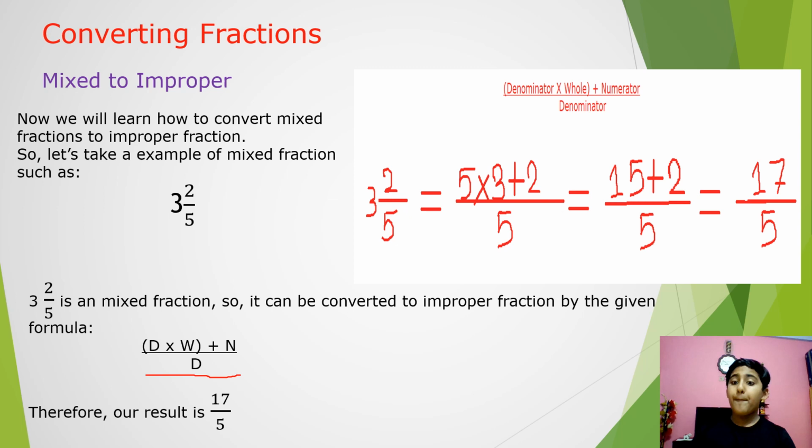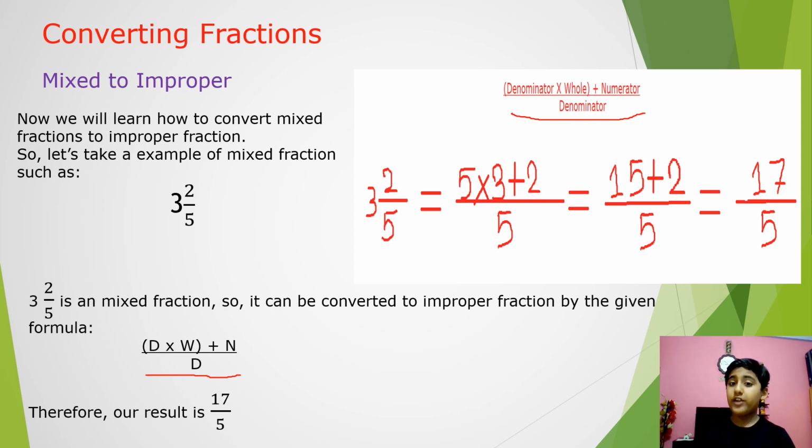Denominator multiplied by whole plus numerator by denominator. So for 3 and 2 by 5, we have 5, the denominator, multiplied by the whole number, which is 3, plus the numerator, which is 2, by the denominator, which is 5.